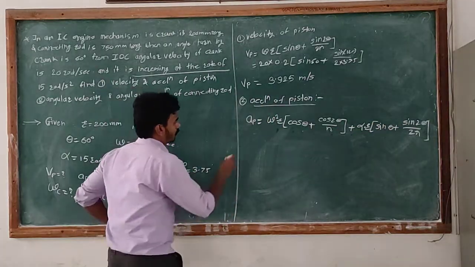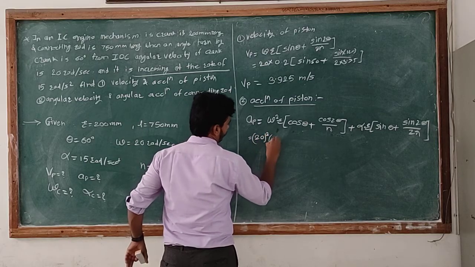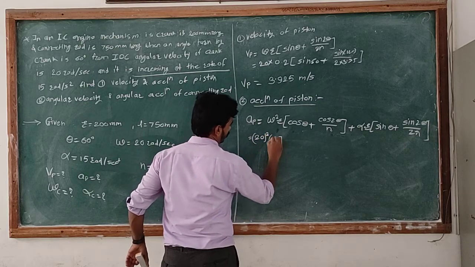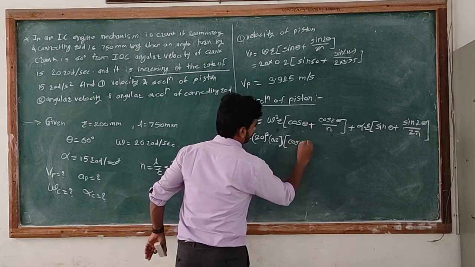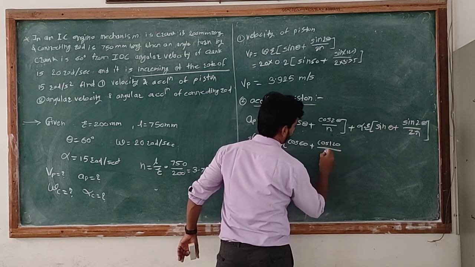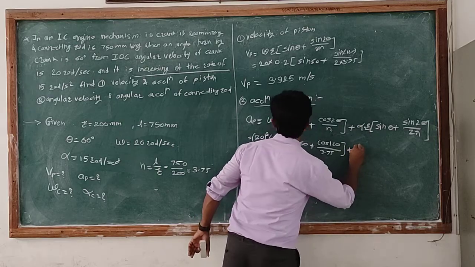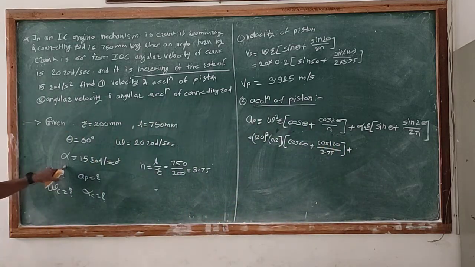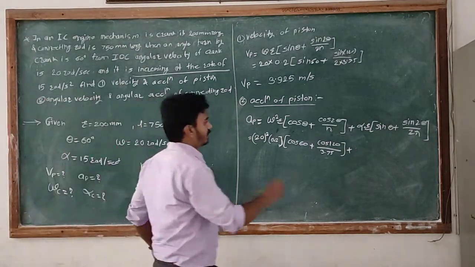Put the value here. Omega is given as 20, this square, r is 0.2, cos of 60 plus cos of 120 divided by 3.75, plus alpha. It is given that alpha, meaning the angular acceleration of the crank, is 15.